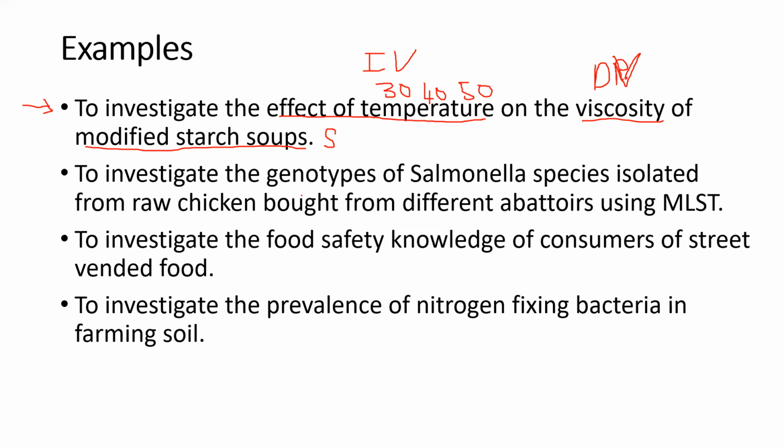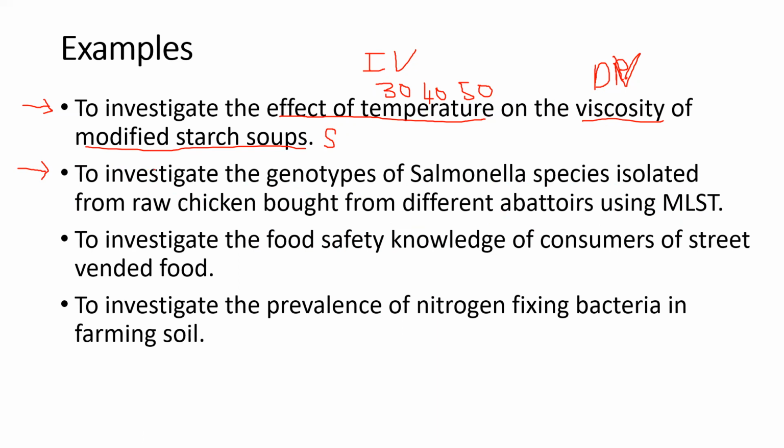Now let's look at the second objective: to investigate the genotypes of Salmonella species isolated from raw chicken bought from different abattoirs using MLST, multi-locus sequence typing. That's the meaning of MLST, for those who are not doing molecular biology.